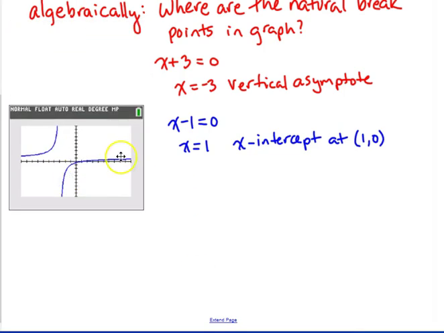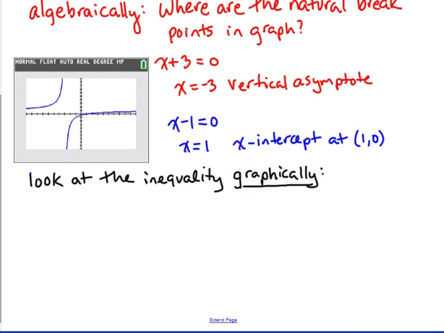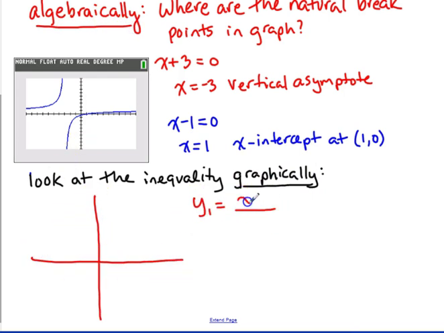Okay, so let's sketch that out. We're going to do a graphical look at it. So having entered that into y1, we can make our sketch. We have a horizontal asymptote at y equals 1. No surprise, right?